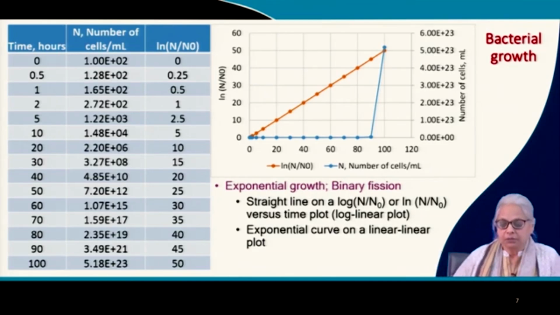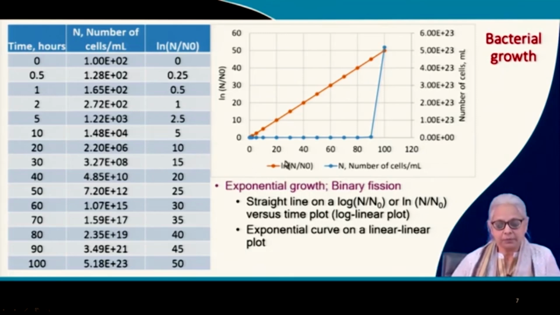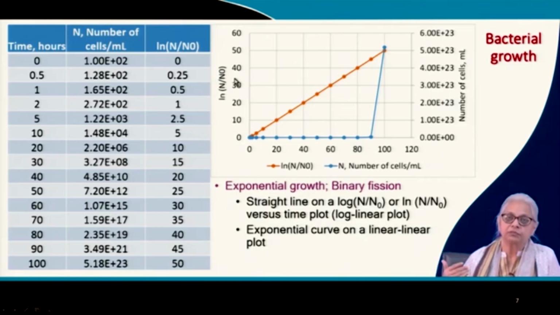On the x-axis we have time, which is not mentioned here. You can see that the number of cells is very difficult to show on a linear scale because they are growing exponentially. So you need a log scale to be able to show the number of cells and the relative growth relative to the initial concentration. So we call it normalized cell concentration.